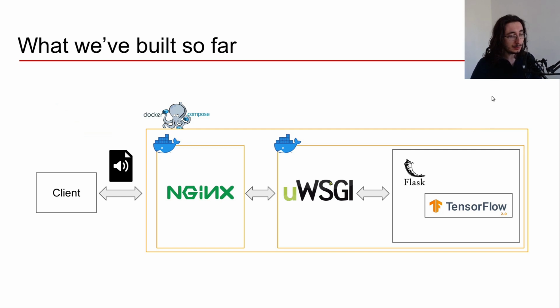If you remember, last time we introduced Nginx in front of our Flask uWSGI application, and then we containerized Nginx and Flask into two different Docker containers that can talk to each other thanks to Docker Compose. Now, the final thing that we want to do is to take all of these goods and deploy them onto AWS.